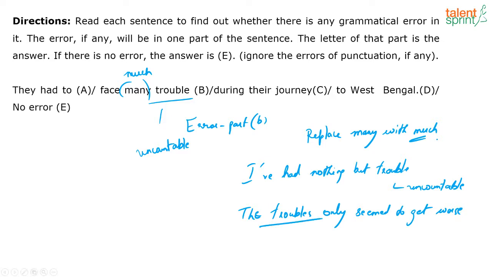More than one trouble. So here, it comes across as a countable noun. I can count the number of troubles that this person went through. Are you following? Even if I say the trouble only seem to get worse, it can still be counted as uncountable. So it takes up both that meaning.